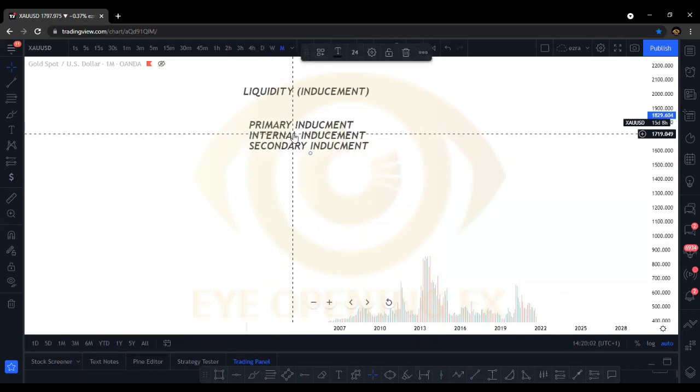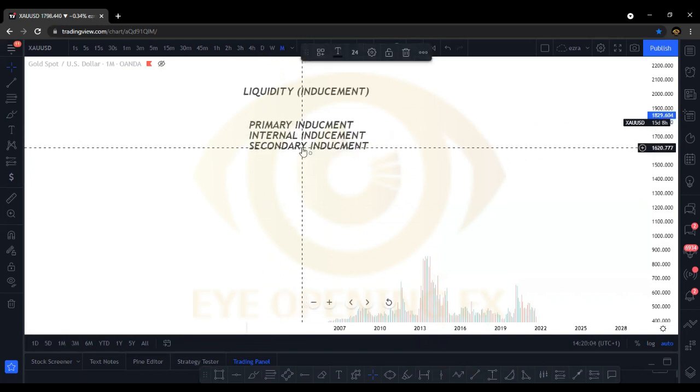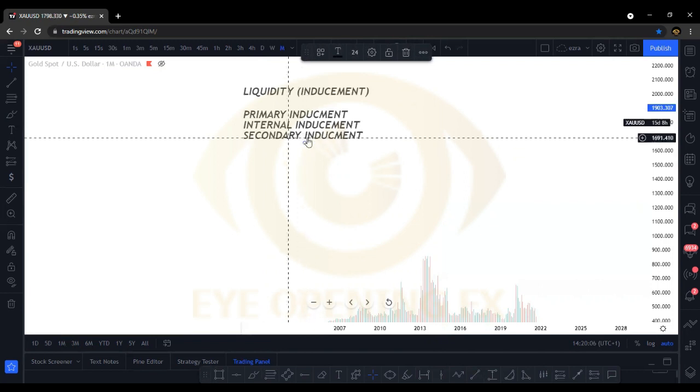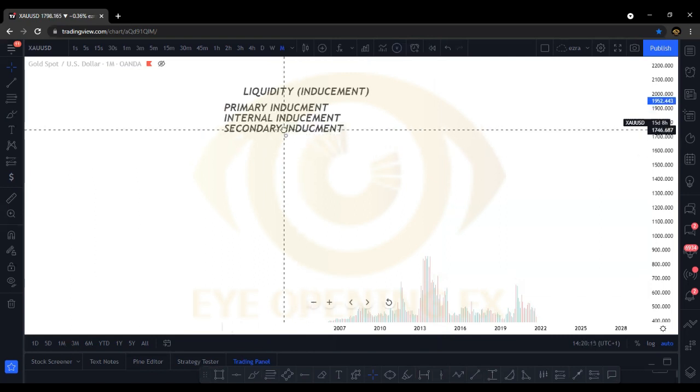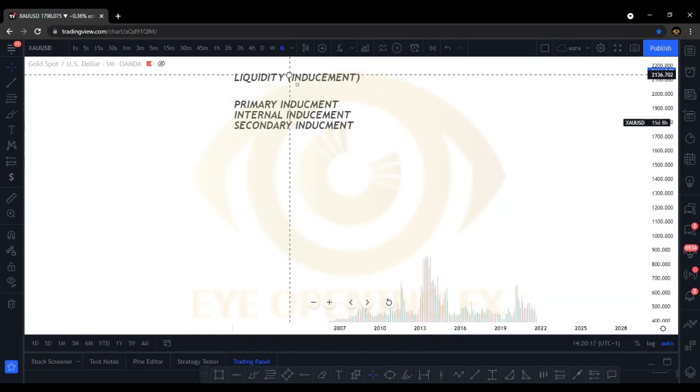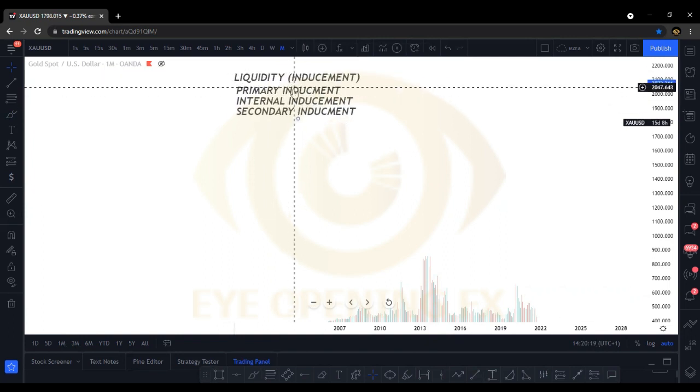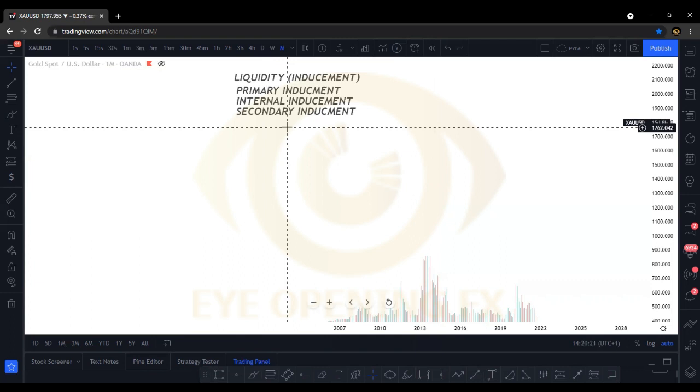Now I will explain how the three of them work. These are the major three types of inducement that we trade based on, based on liquidity. These are the types of liquidity we have in defining an area of interest.